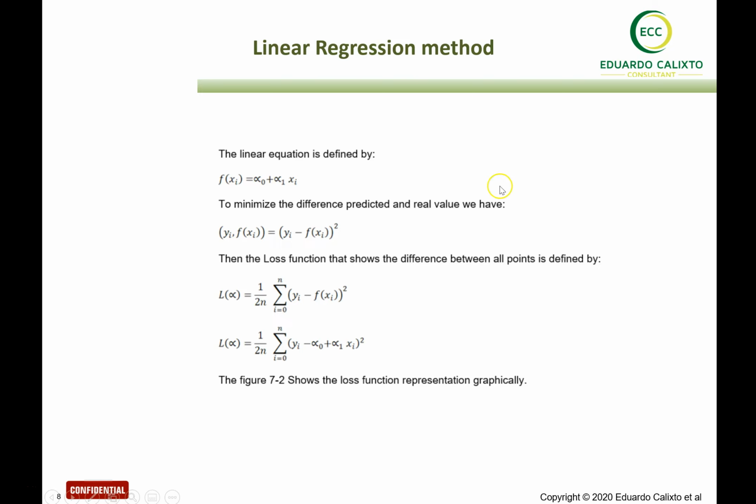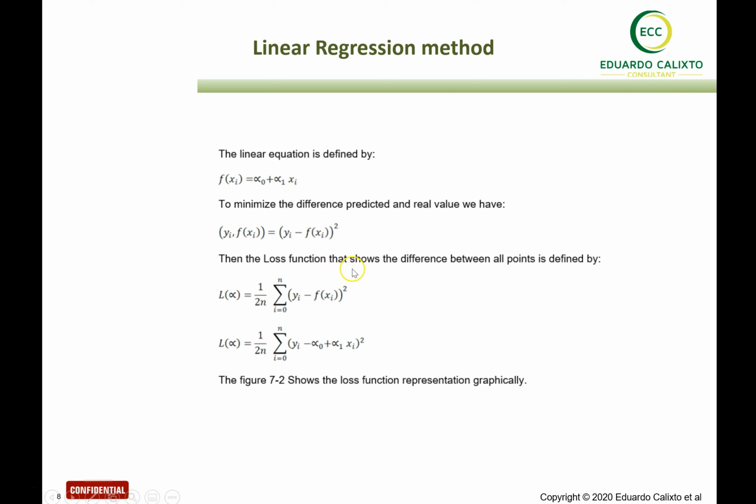Mathematically, we can define the linear equation as alpha 0 plus alpha 1 multiplied by x1. In order to minimize the distance between the predicted and real values, we consider the square of this equation as represented here.